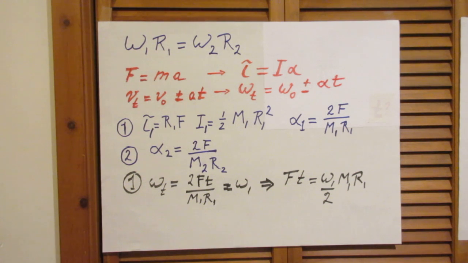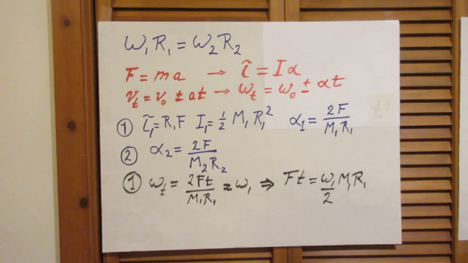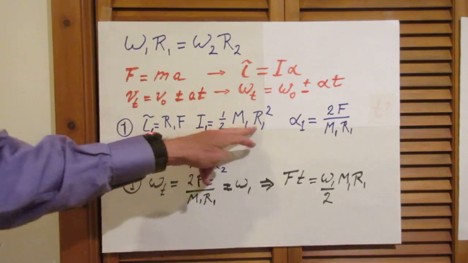So I can forget about the sign of the angle. So it's clear that tau is simply R1F. The moment of inertia of a solid disk rotating about its center is 1/2 mr squared. So this speaks for itself.